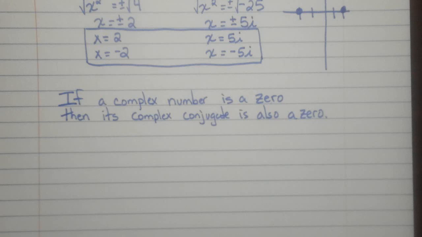So that is just something that is always going to be true, and it's helpful, and lets us know that our imaginary zeros are always going to occur in pairs.